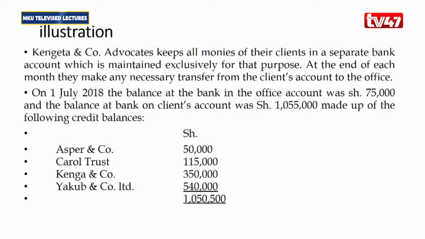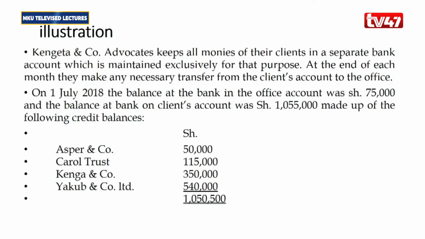On the 1st of July, 2018, the balance at the bank in the office account was 75,000, and the balance at the bank in the client's column was 1,055,000, which was made up of the following credit balances. In other words, these various clients had sufficient funds in their accounts. We have Asper and Company having 50,000.